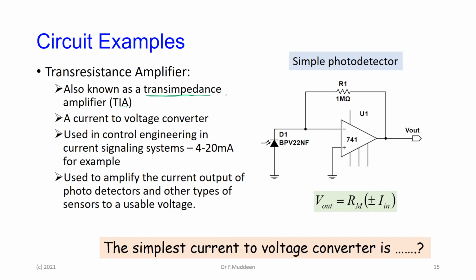What is the simplest current to voltage converter? Anyone? Something that can pass current through and get a voltage out.